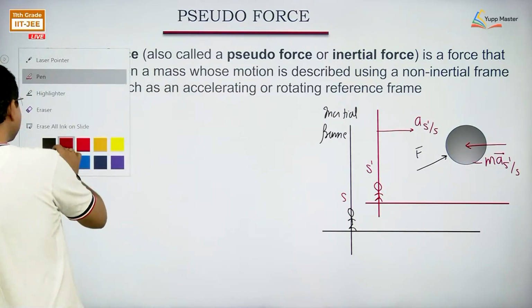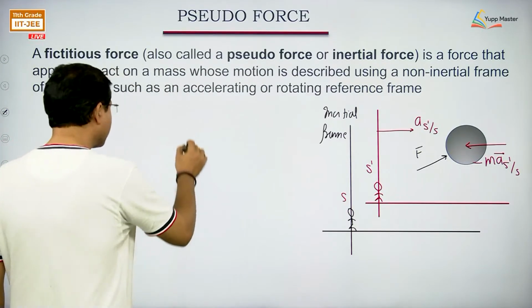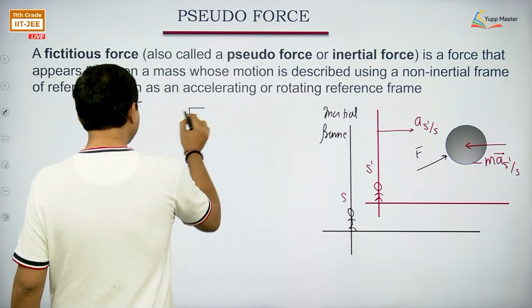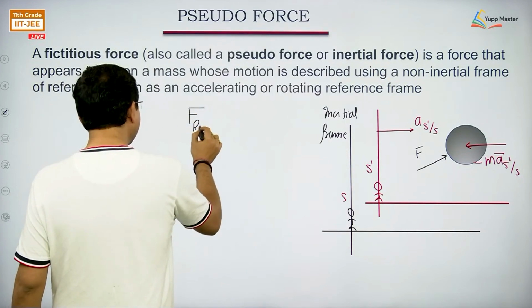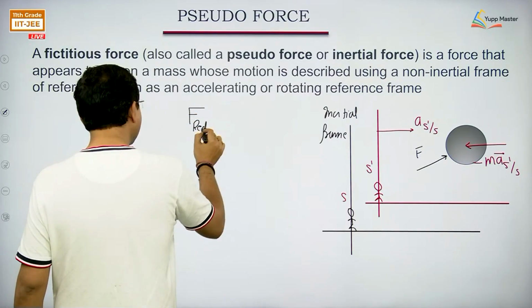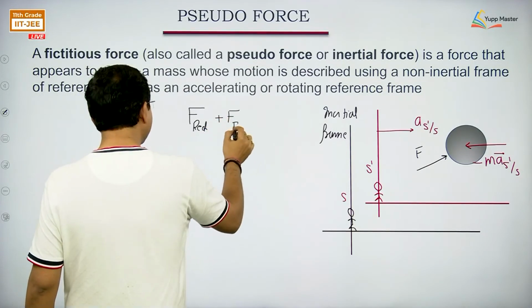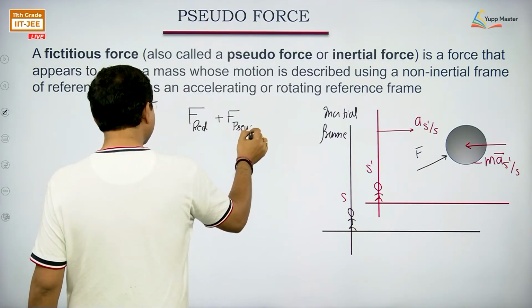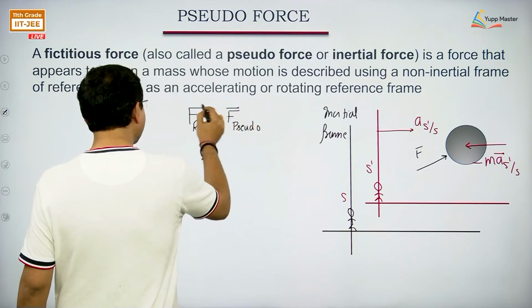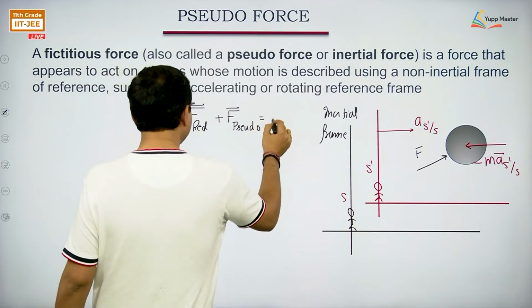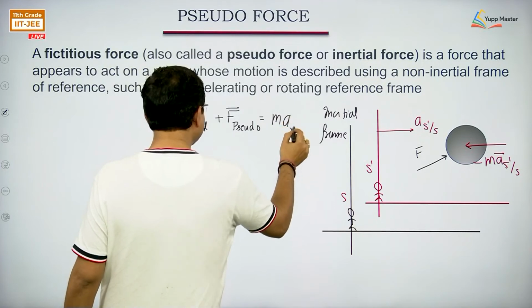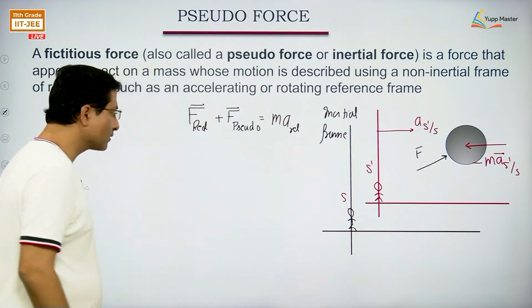So if this is the situation, then in the last class we got: real force acting on the body plus pseudo force will give you mass into relative acceleration.